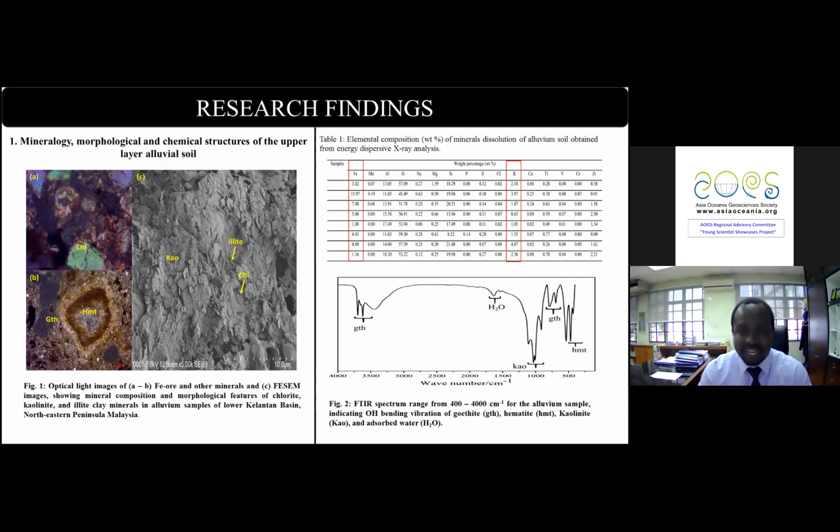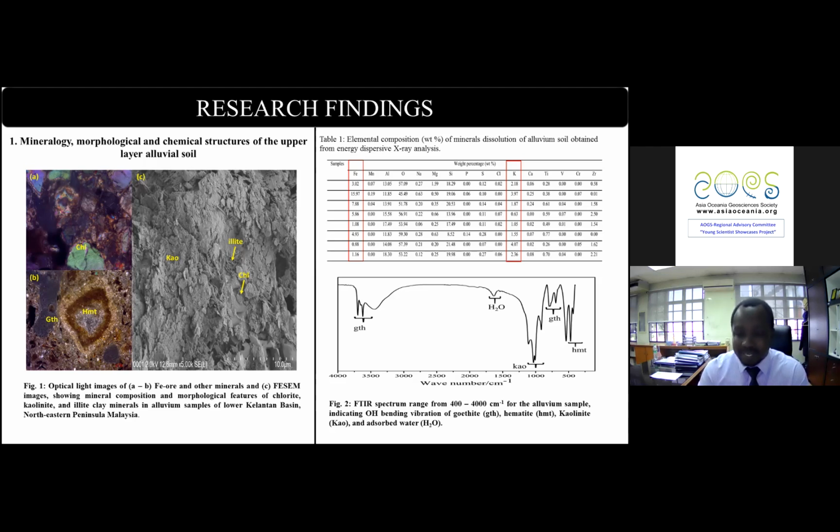Table 1 shows elemental composition of the mineral in the alluvial soil sample that obtained from energy dispersive X-ray analysis. As you can see, the result shows high concentration of potassium with significant amount of iron. And this is the main constituent of iron-bearing minerals in the samples.